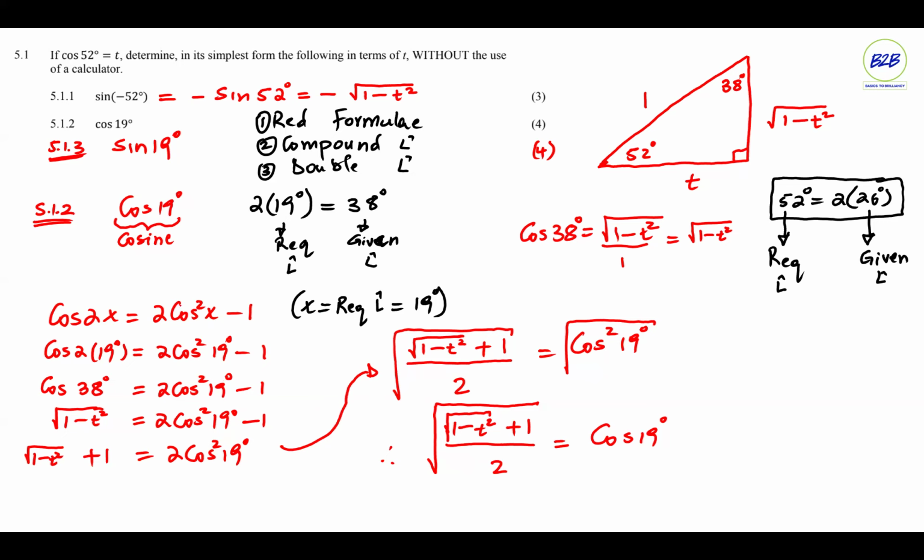But you use this one, 2 cos squared x minus 1, when you have been asked to calculate cosine. However, if it is sine, like in 5.1.3, you will use the one that says 1 minus 2 sine squared x. All right. And that, folks, is how it goes.